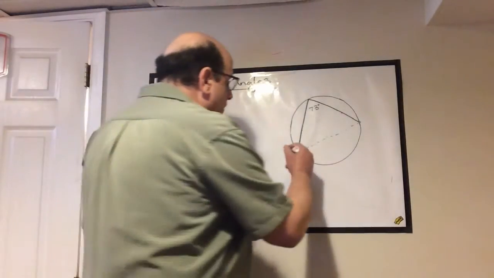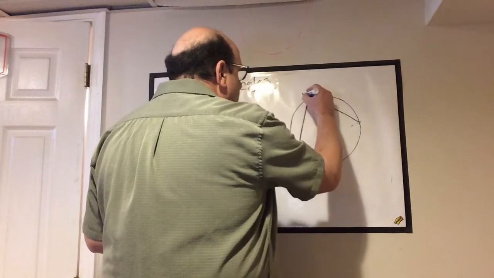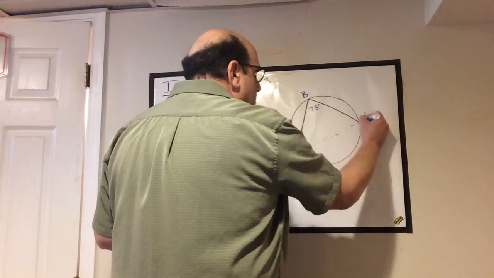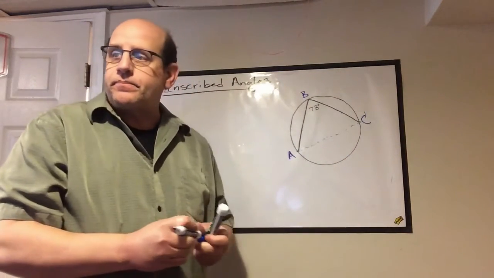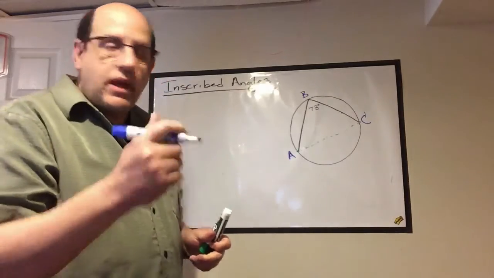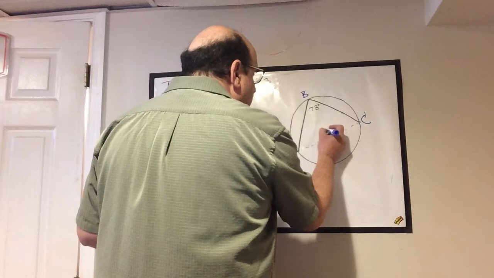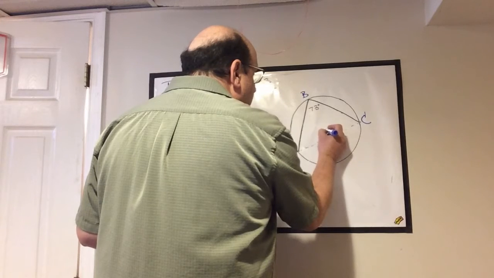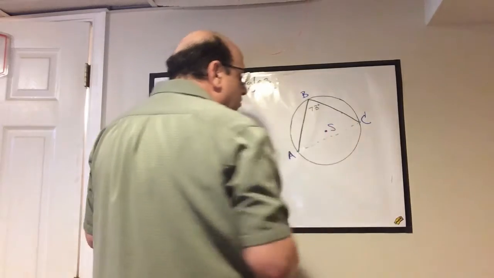So I'm going to call this, just for an example purpose, A, B, and C, and I'm going to write down what we know about it, okay? First, I'll call this circle S for circle.